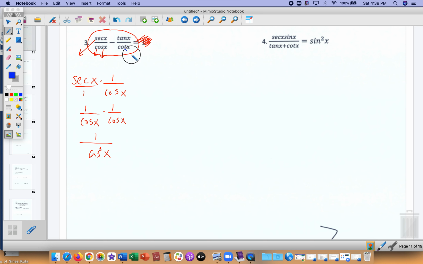Now you play around with the tan x, cotan x. So I have minus tan x over 1 times 1 over cotan x. Now we can take this and rewrite this as negative tan x over 1 times tan x over 1.